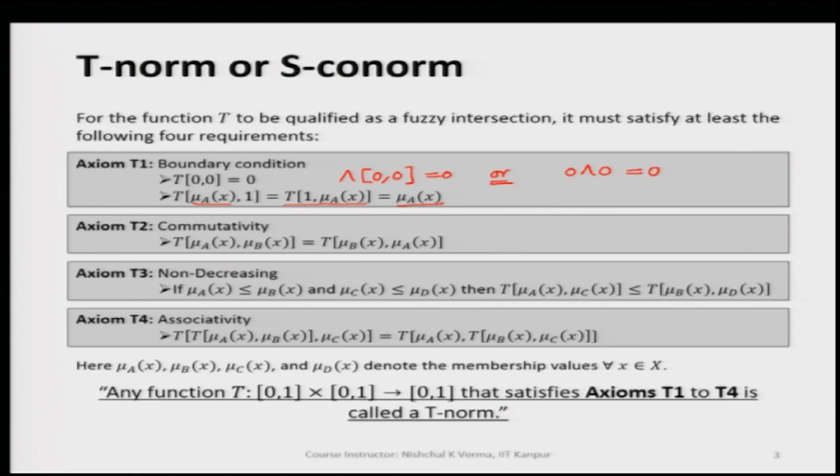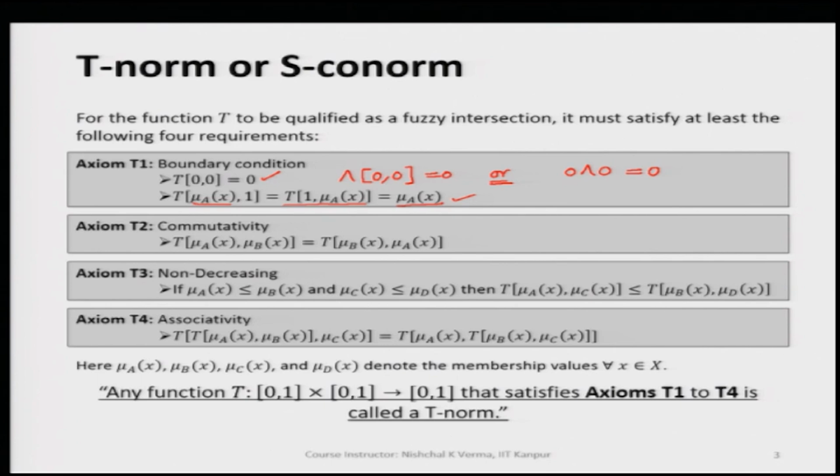And please note, 1 is the highest value of any membership value which can be there in case of fuzzy sets. All right. So, we see here that in axiom T1, the boundary condition, we have the lowest value and the highest value. The lowest value here we have taken as 0, and the highest value we have taken as 1. So, this boundary condition needs to be clearly understood. Now, let us understand axiom T2.